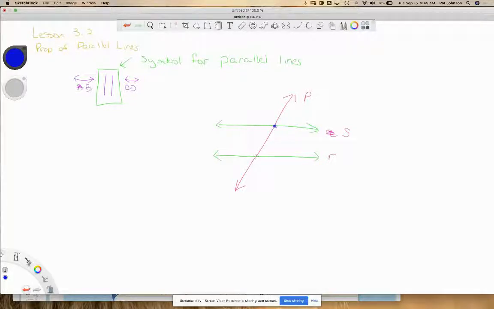They must specifically tell us that lines S and R are parallel, or you're going to see a little symbol like this on the two lines. That indicates that lines S and R are parallel.